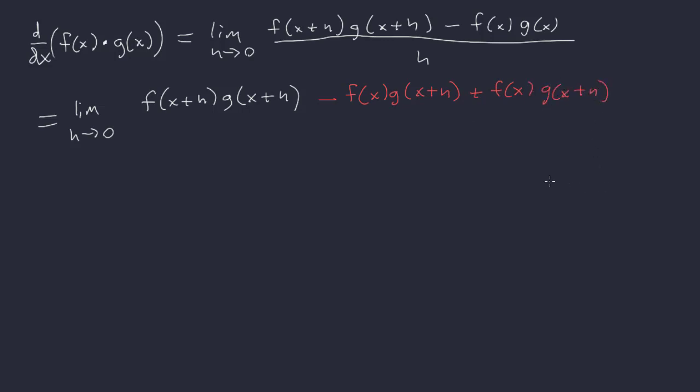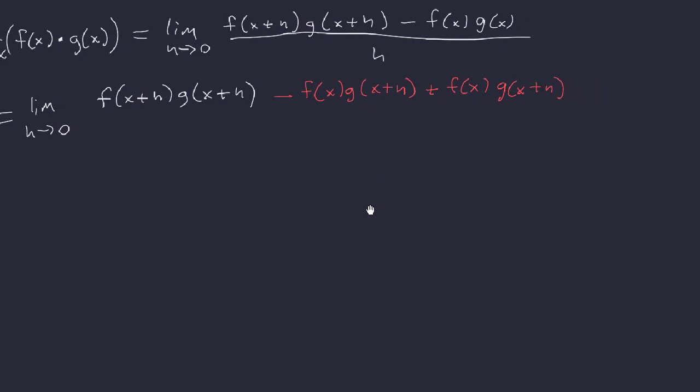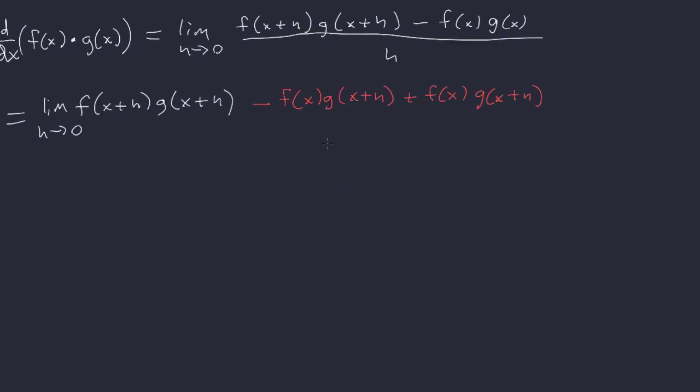This is very similar to a conjugating factor, because what we are doing is basically adding and subtracting the same thing. So this is basically adding 0. May seem strange, but you can always add 0. You can always multiply by 1. All right, and then we already have the f of x times g of x here.